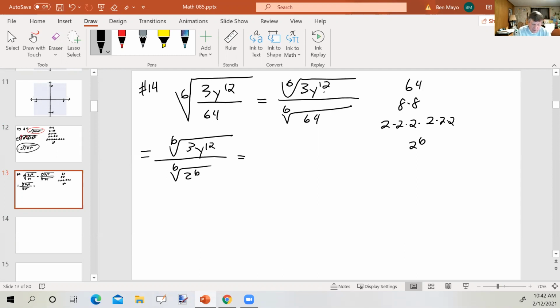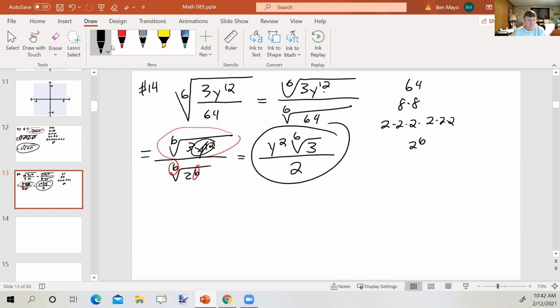In the numerator, the 3 is going to stay inside, but the 6th root of y to the 12th would be y squared on the outside. Left inside is the 6th root of 3. Okay, so far? In the denominator, the 6th root of 2 to the 6th would be 2. So there's the final answer.